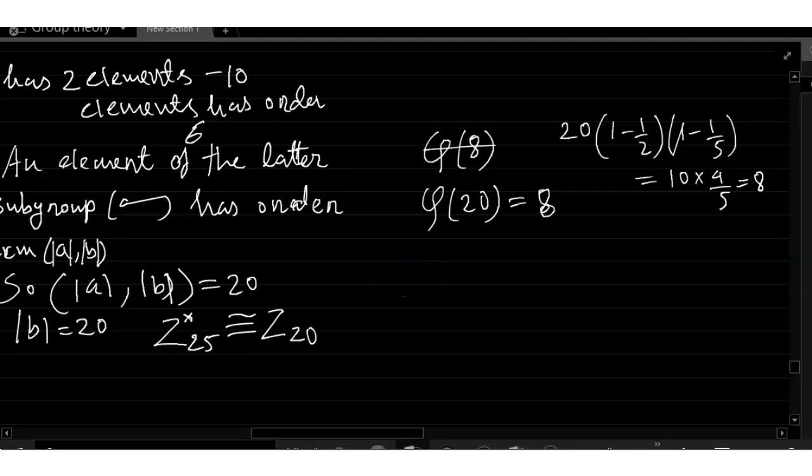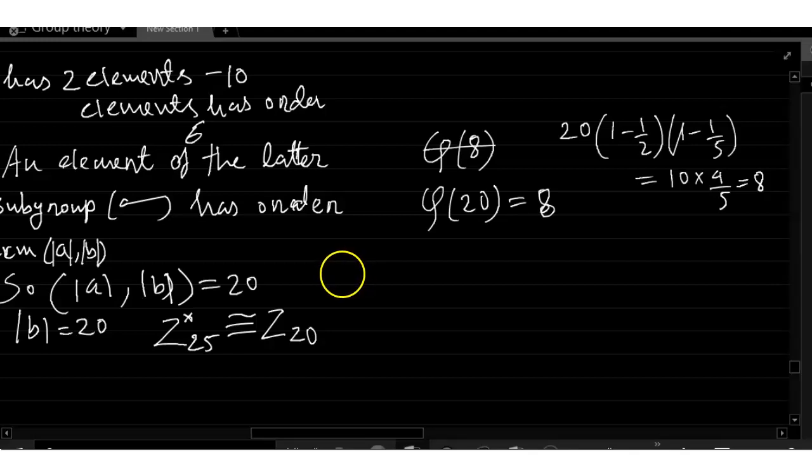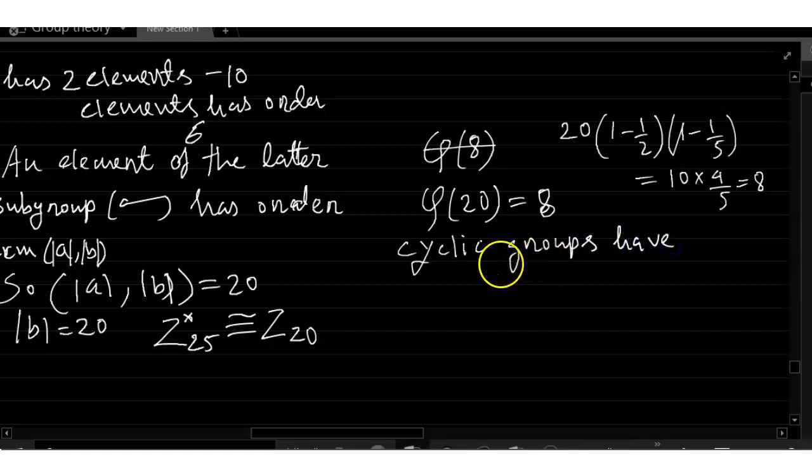Cyclic groups have phi(n) elements of order n.